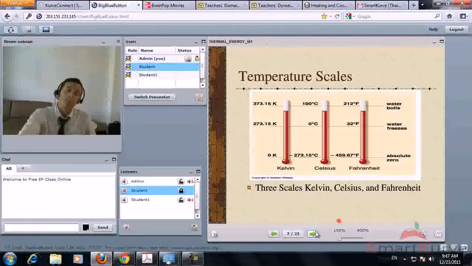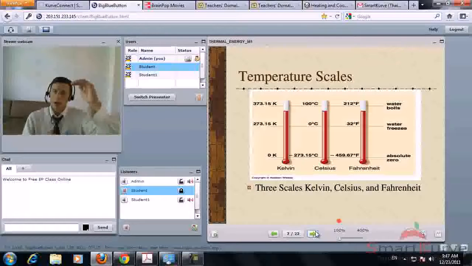So by measuring how far the mercury has expanded, we can measure the thermal energy in that mercury. And from that, we can determine the temperature.